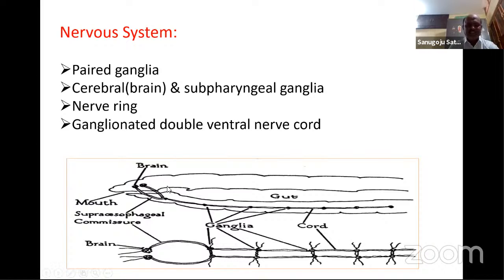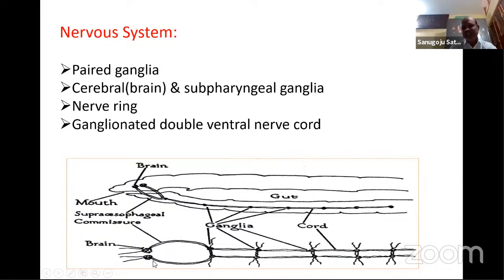Most earthworms have this ring-like structure, the nerve ring, which consists of the brain. The brain is nothing but the cerebral ganglia. The cerebral ganglia act as the brain, and the nerve ring consists of supraesophageal and infraesophageal commissures, which connect here and there and form a ring-like structure. This is known as the nerve ring.